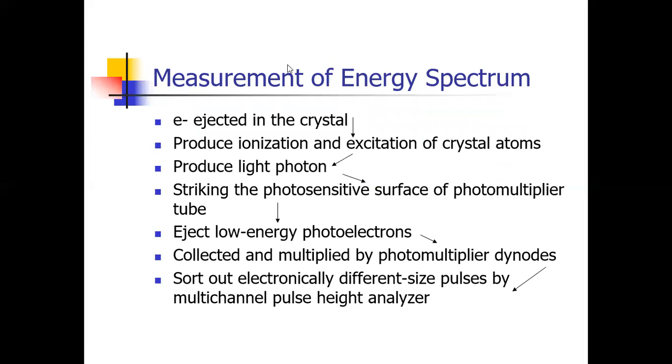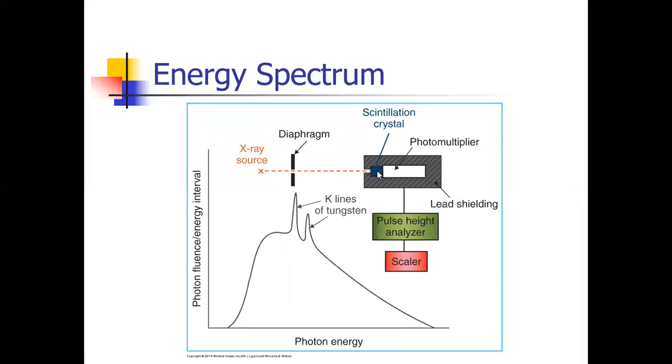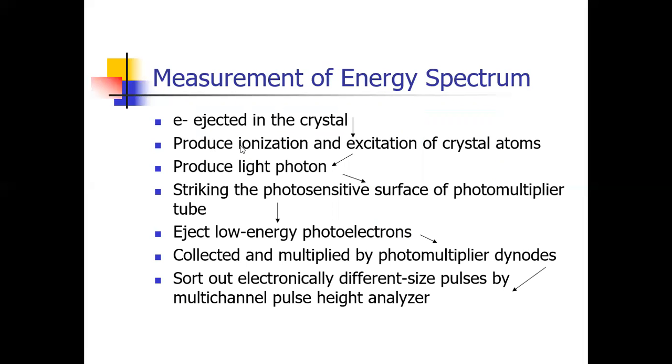So the measurement of energy spectrum, you've got electrons ejected from the crystal. That's what's going on in here. They produce ionization and excitation of crystal atoms, which then produce light photons.